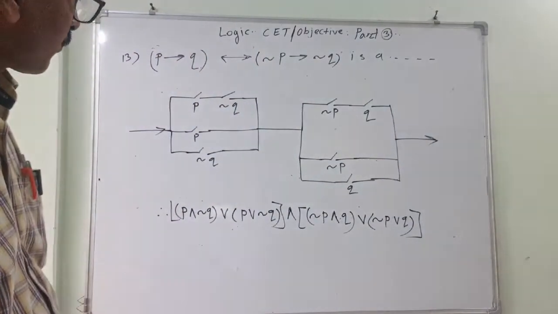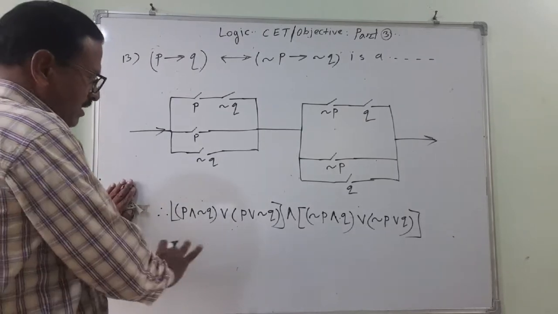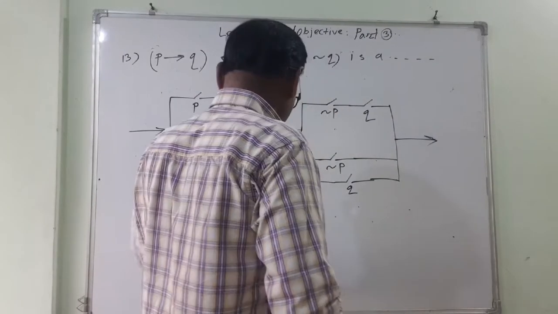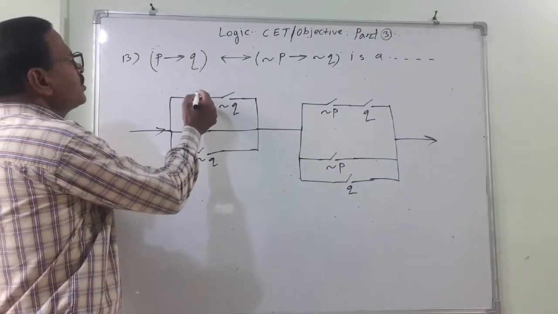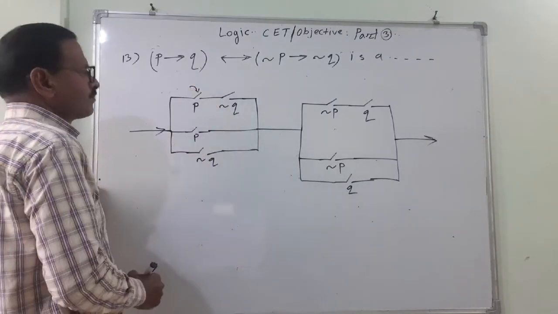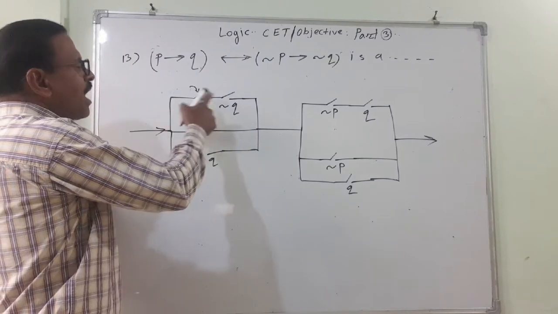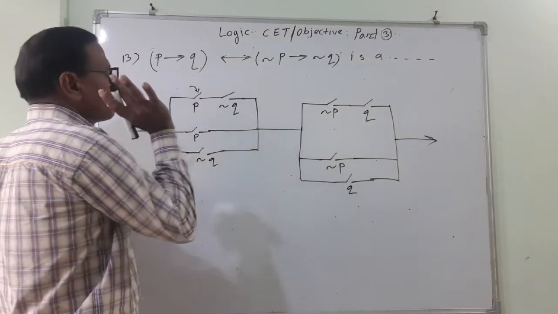Okay. Now I will try to observe this circuit. Suppose this is on and this is off. From this branch no current will pass.